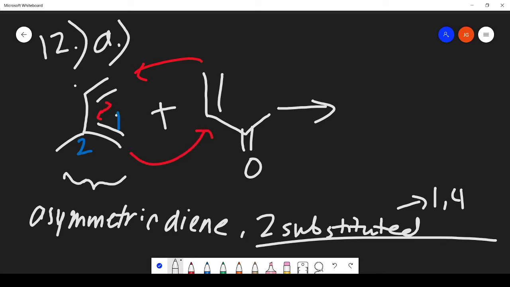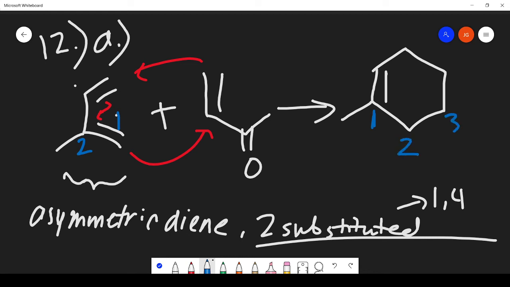So we know that we're going to get a 6-membered ring. We know that there will be a double bond here. This methyl is not going to change positions, but we're going to form the 1,4 product. So if we start labeling at this carbon, 1, 2, 3, 4, this functional group will be positioned at this 4 carbon.